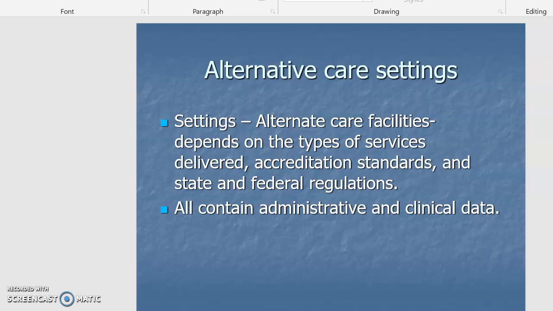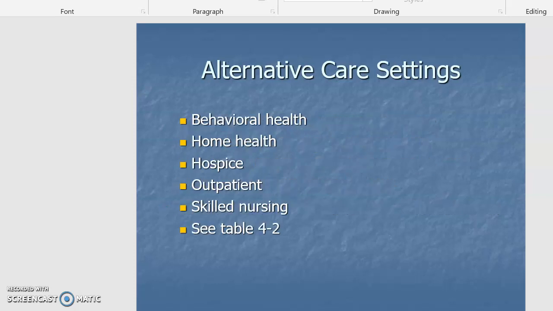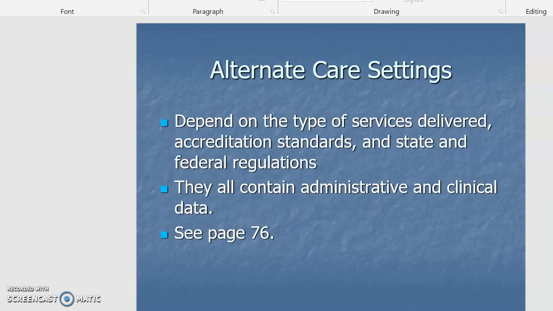Remember, alternative care settings include behavioral, home health, hospice, outpatient, and skilled. Depending on the type of services delivered, accreditation standards, and state and federal regulations, they all contain administrative and clinical data.